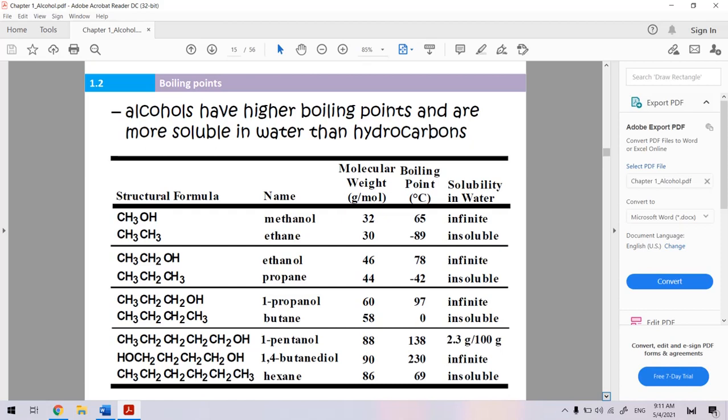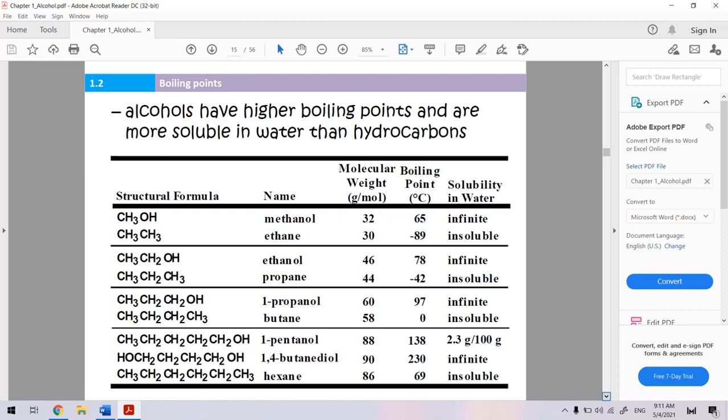Okay, if we compare 1-pentanol with 1,4-butanediol, you see here the boiling point is 138, but for this compound, the boiling point increased to 230. Why? Because in this structure you have only one OH group, and in this structure you have 2 OH groups. When you have more OH groups, there is more tendency to form hydrogen bonding.